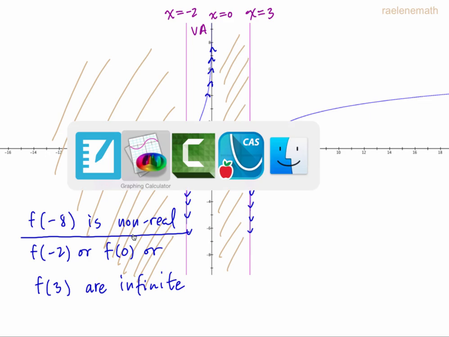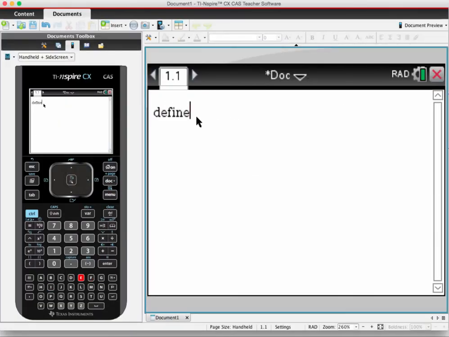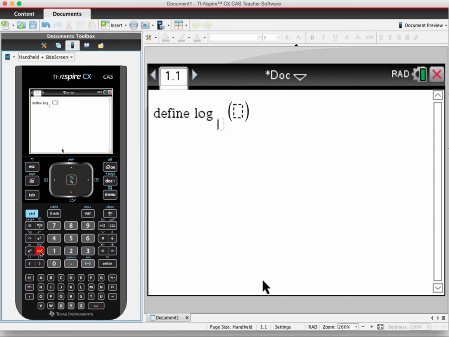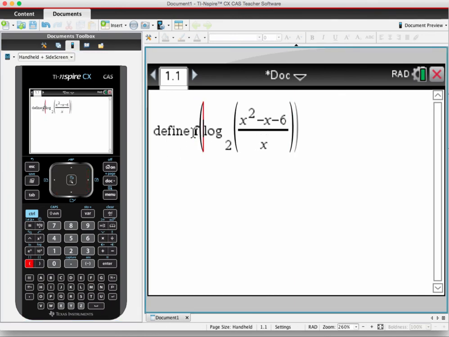Let's take a look at a graphing program. So I'm going to go to TI Inspire, and I'm going to define the function log base 2 of the fraction x squared minus x minus 6 all over x. And I'm going to call that function f of x equals. Well, it doesn't like all that.